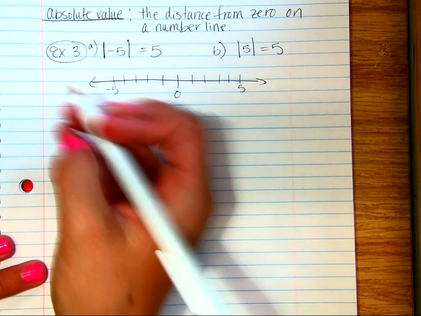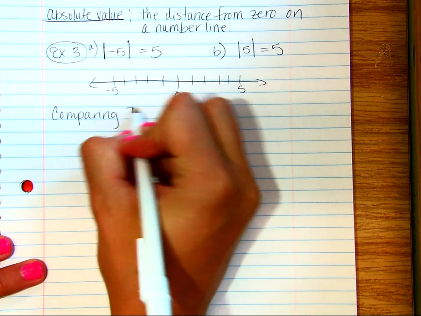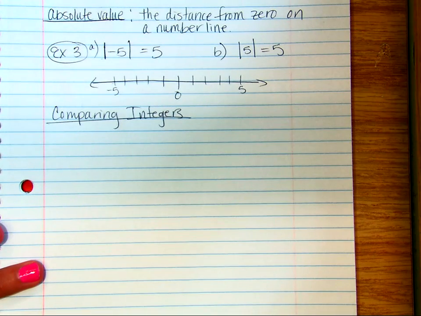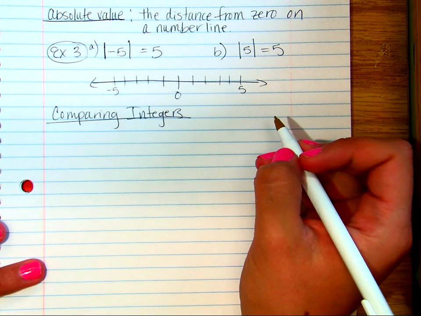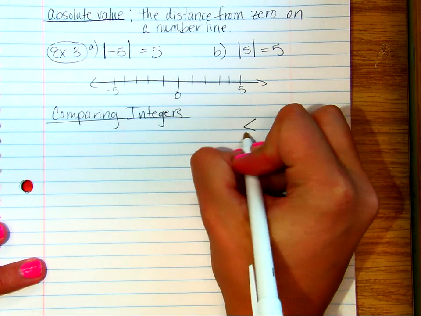The next thing we'll be talking about is comparing integers. Just a little refresher, if you want to include this in your notes. When we're comparing integers, we often use these signs here.